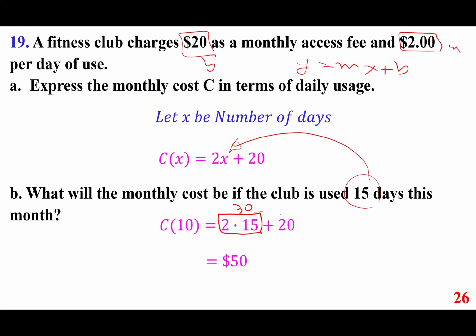Again, Y equals MX plus B, and this is the slope, the average rate of change of normally Y with respect to X, in this case, C with respect to X, and B is the constant $20 a month.